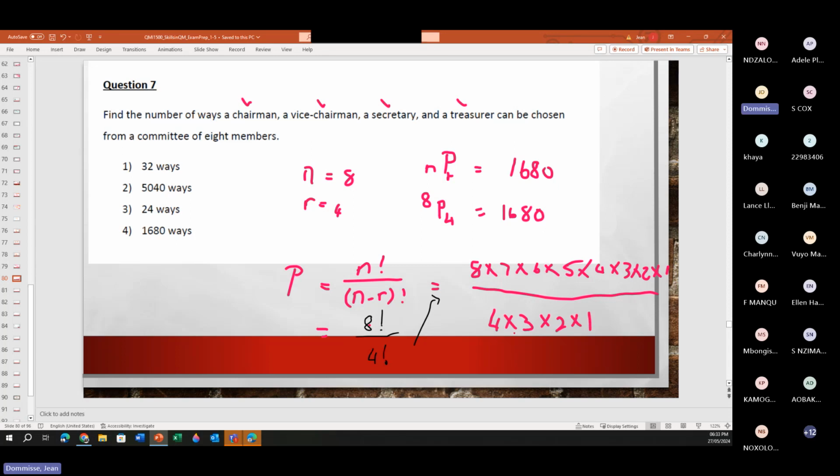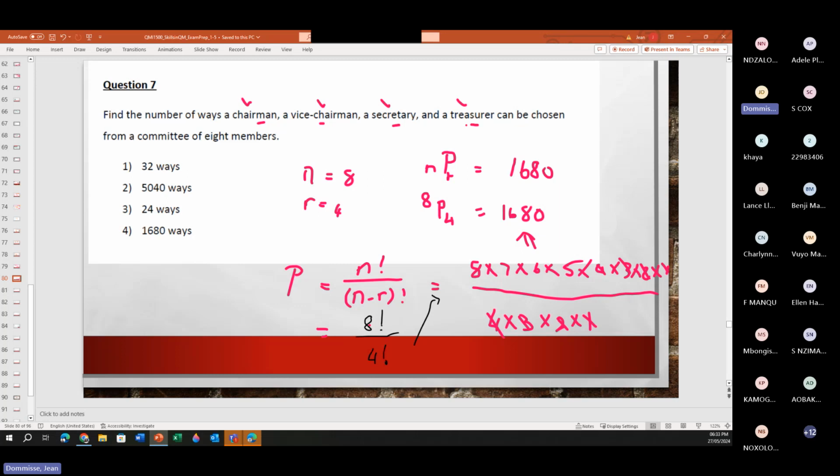At the top and the bottom we can cancel out the 1s, the 2s, the 3s, the 4s. So what I'm left with for the answer is 8 times 7 times 6 times 5. And that gives me the same 1680.